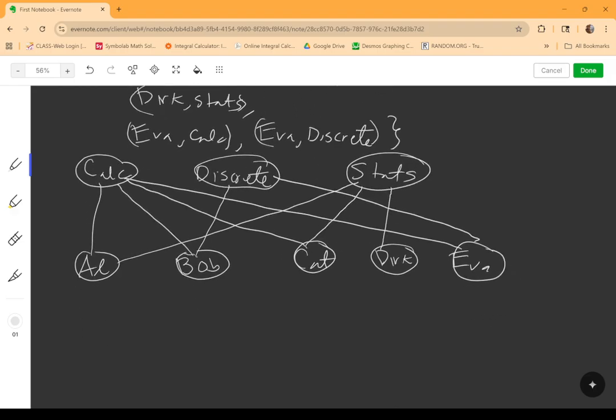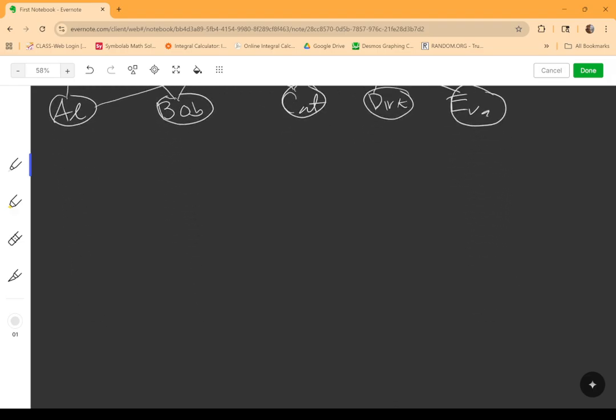Now let's take a look at another one that is not a graph like we have seen in this course to this point. So we want to consider the relation M, "is a multiple of."